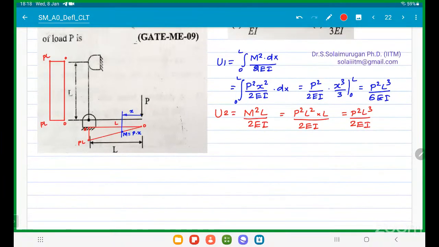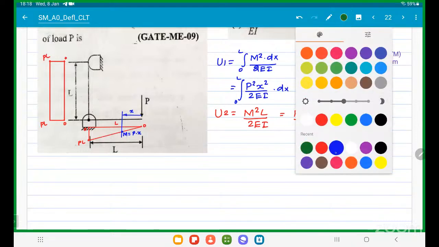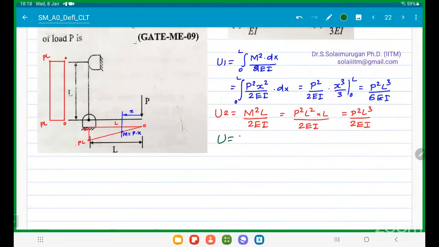Total strain energy U is equal to U1 plus U2, equal to P square L cube by 6EI plus P square L cube by 2EI.